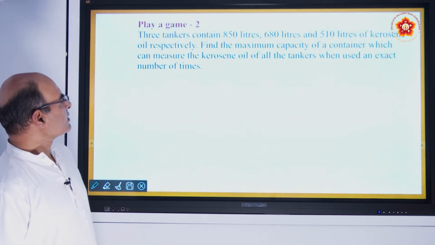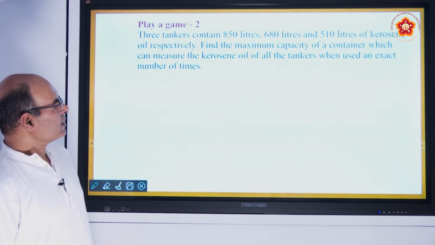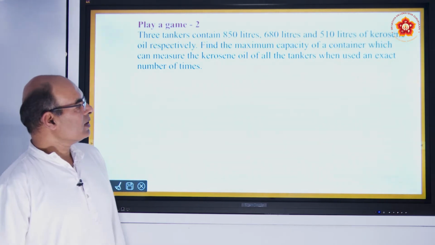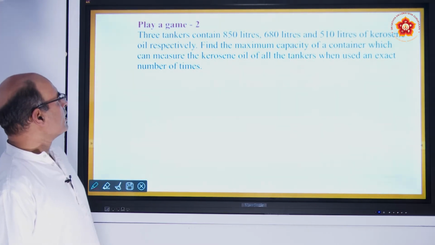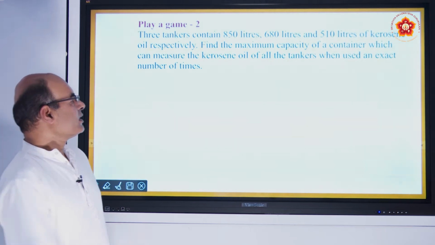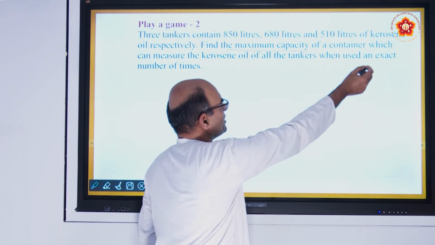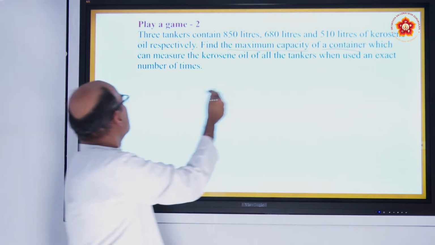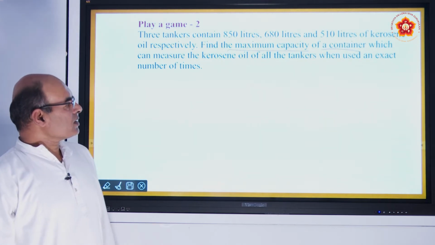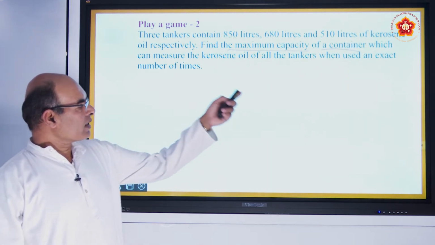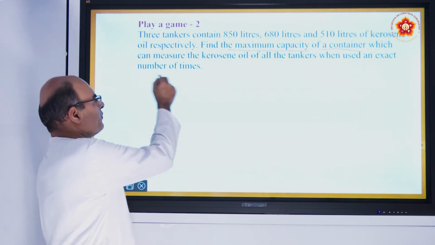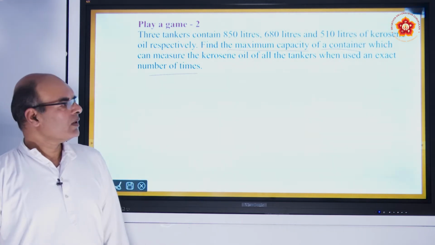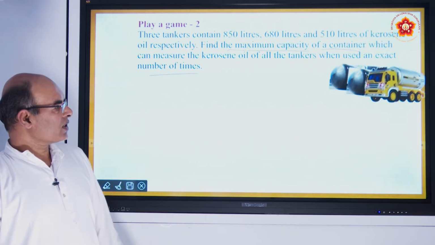Here, three tankers contain 850 liters, 680 liters and 510 liters of kerosene oil respectively. Find the maximum capacity of a container which can measure the kerosene oil of all the tankers when used an exact number of times. So, three tankers were there.